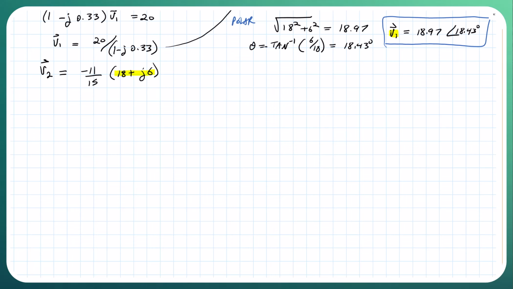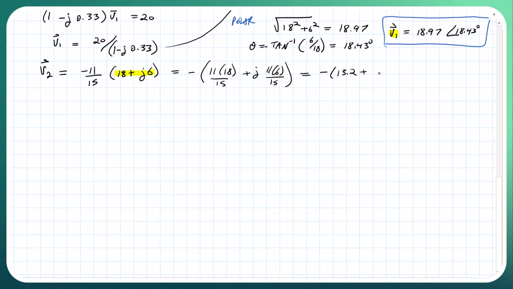So we work this out some more. We'll go sideways here. We get a minus 11 times 18 over 15 plus j 11 times 6 over 15, and that's going to give us minus 13.2 plus j4.4 for V2.